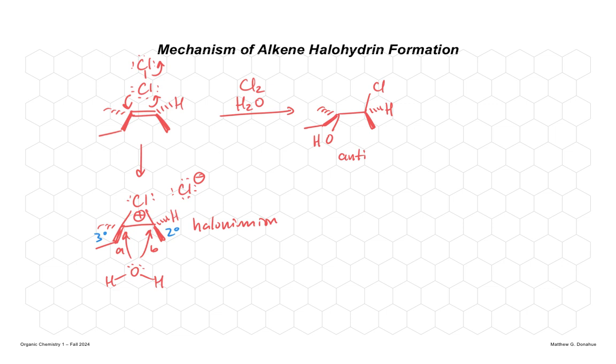So really we want to evaluate the attack based on carbocation stability. The solvent is going to attack the more substituted carbon, which is going to give you the more substituted alcohol. So choice A is preferred.